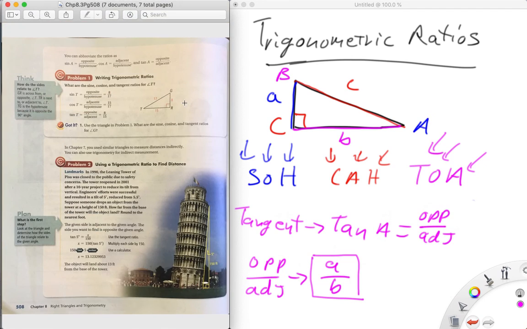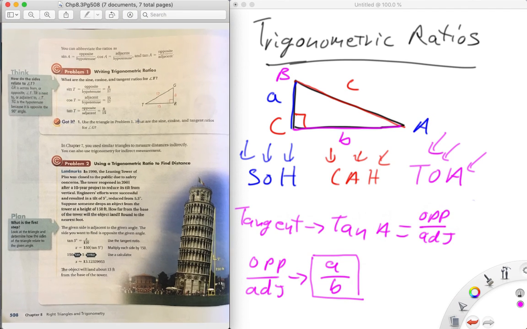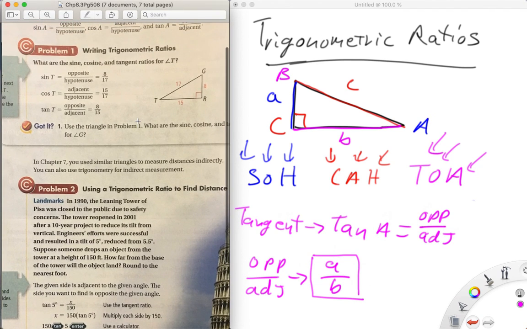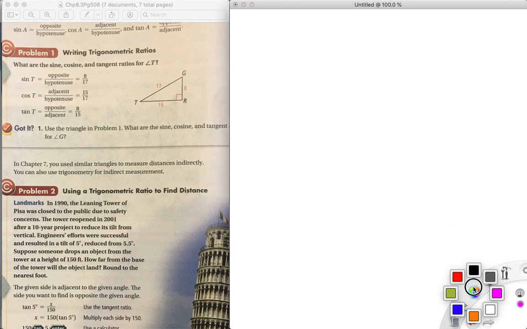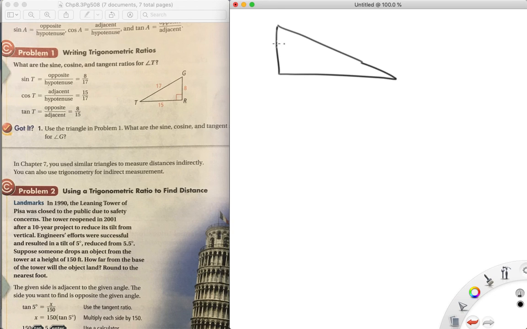Now, to evaluate these is pretty straightforward. So, I kind of want to point something out. We have 90 degrees, that's R. Opposite of R, that's 17. We have G, that's 8.